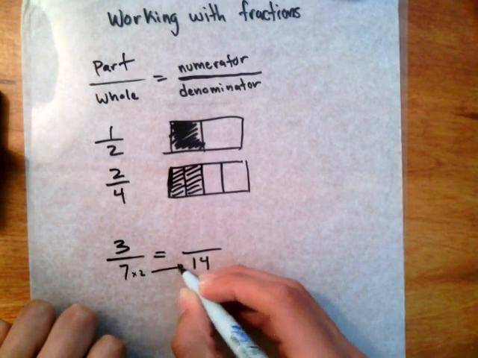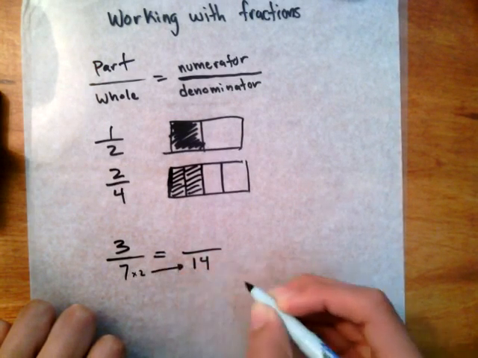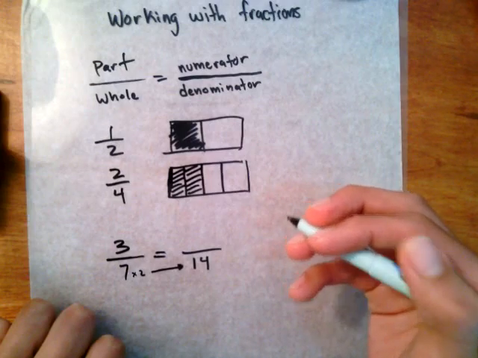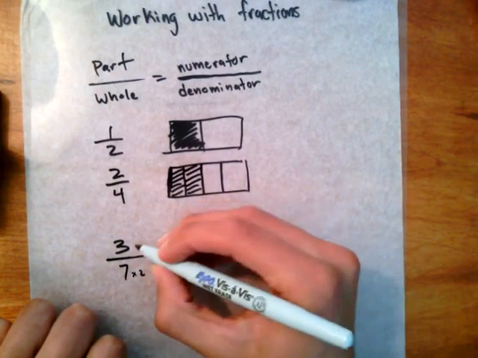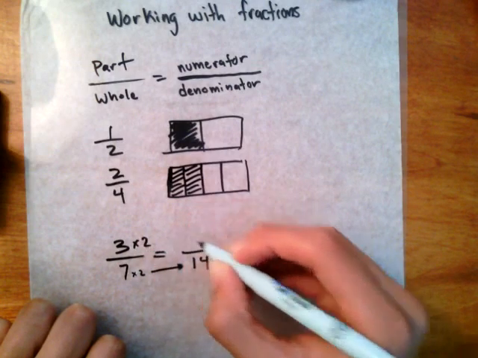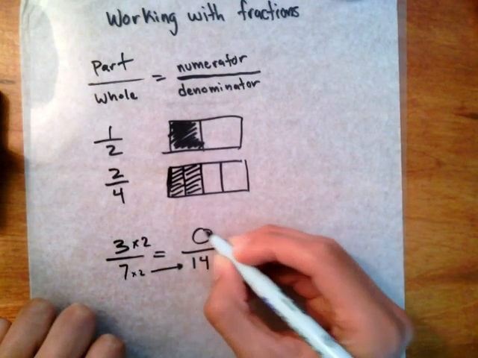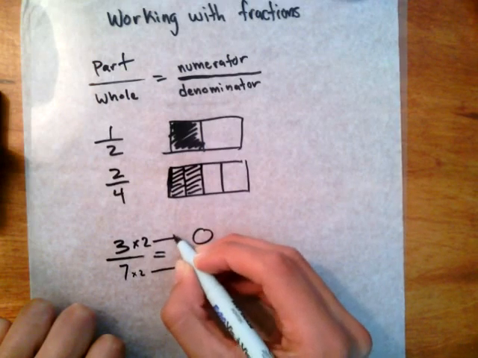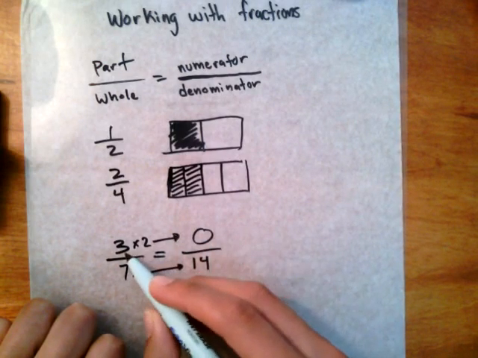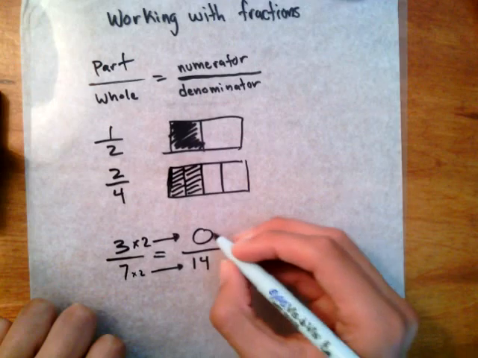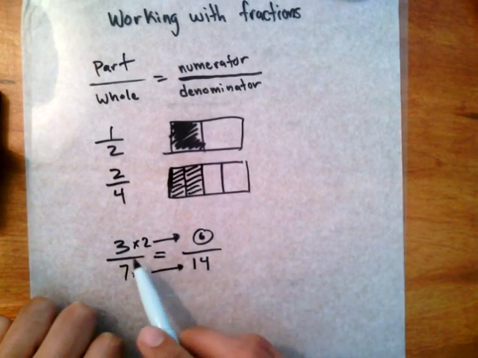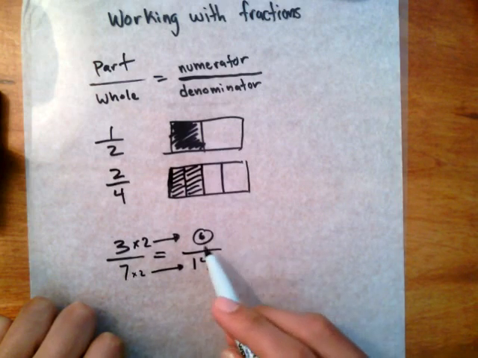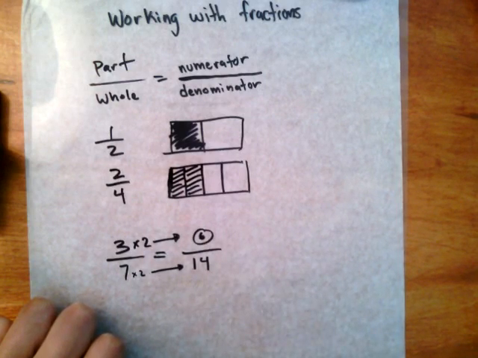So, because we want to establish an equivalence, whatever I do to one number, I have to do to another. So if I wanted to find out this number right here, I would multiply the top by 2. As a result, we get 3 times 2, and the value is 6. So then an equivalent fraction for 3/7 would be 6/14.